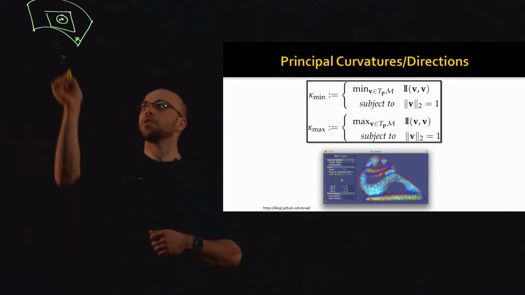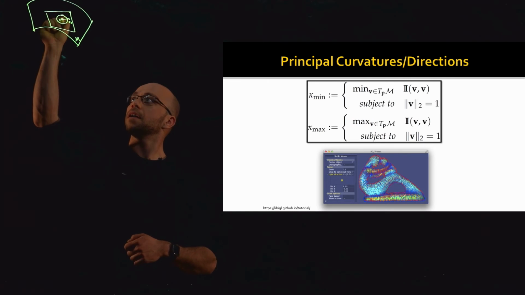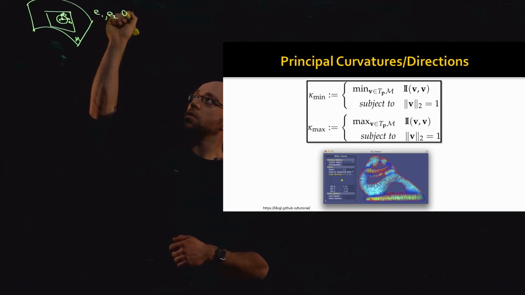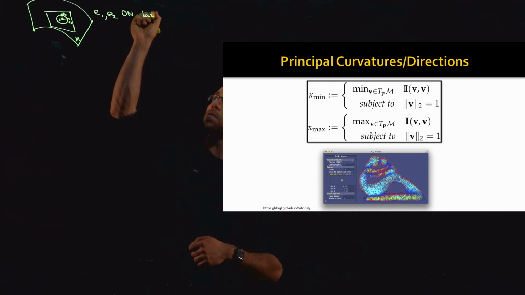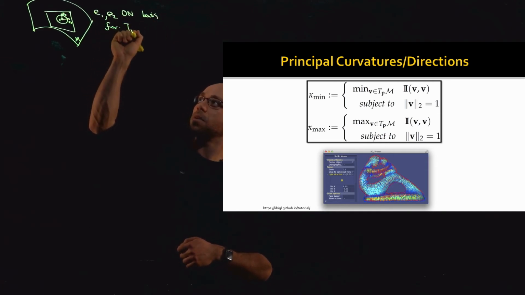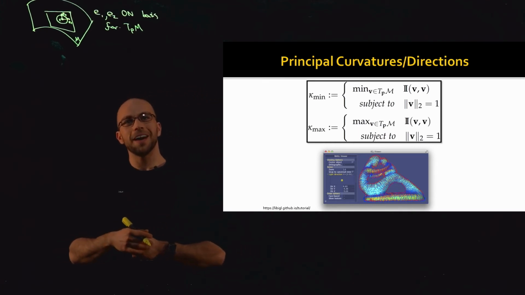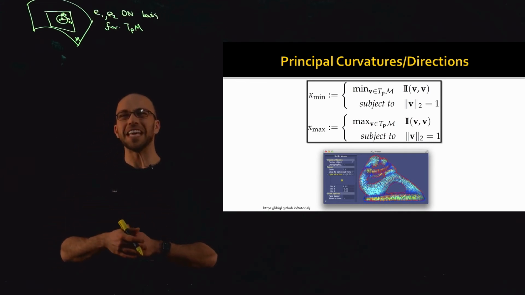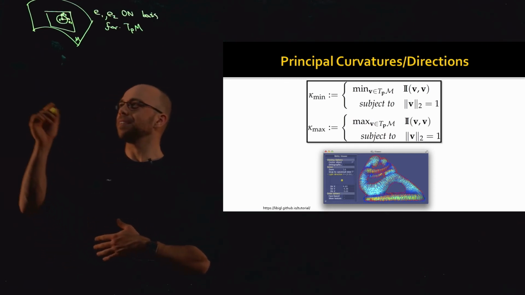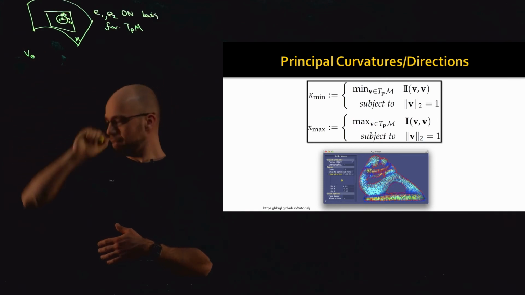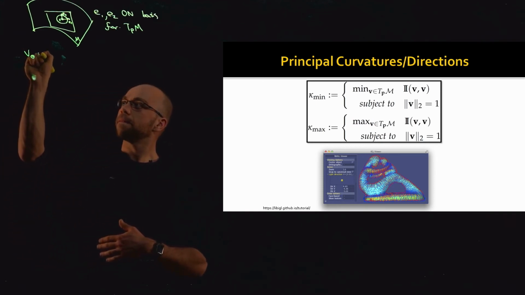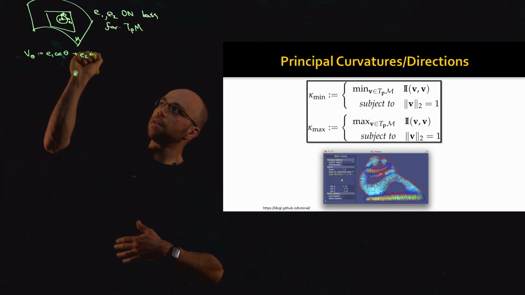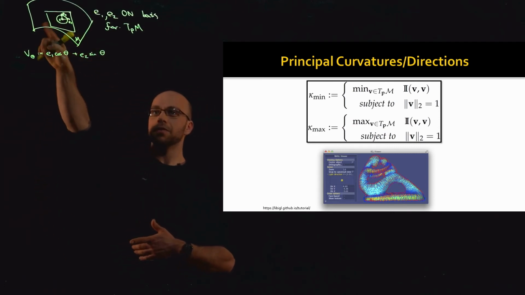Maybe I choose an orthogonal basis, like here's E1 and E2, and we're going to take E1 and E2 to be an orthonormal basis for my tangent space at point P. Then I can define a tangent direction at an arbitrary angle theta by writing some vector v_theta equal to E1 cosine theta plus E2 sine theta. So this is just an arbitrary unit vector pointing out from P.